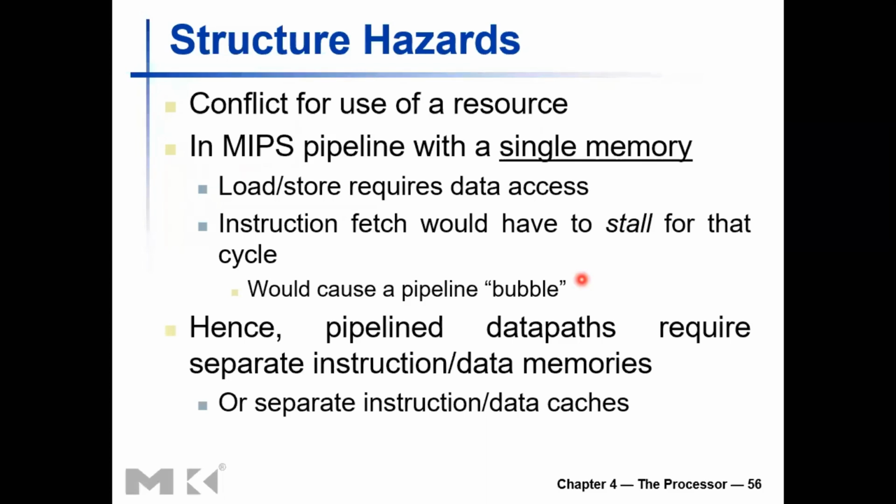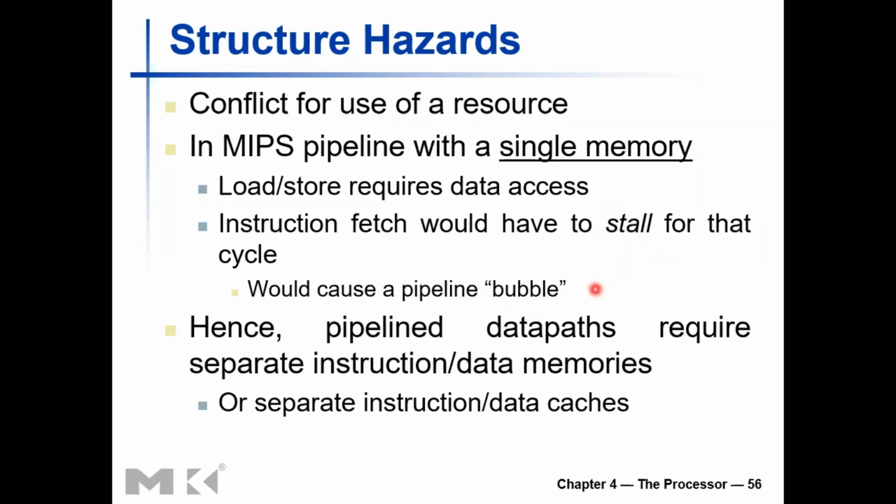But now we are inserting an air bubble into the pipeline where the pipeline is not filled at that particular stage. So we are sending a bubble through the pipeline that is not getting any use of the pipeline for one particular clock cycle. We are inserting a bubble by not fetching an instruction in a particular clock cycle.